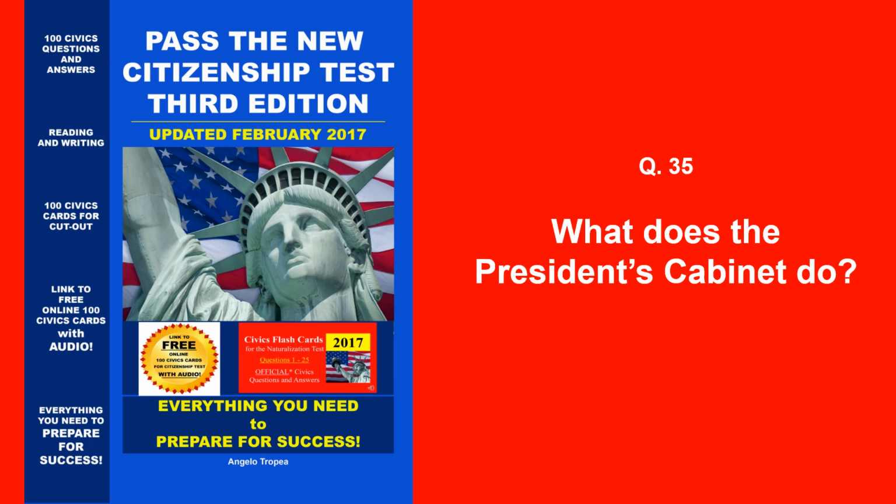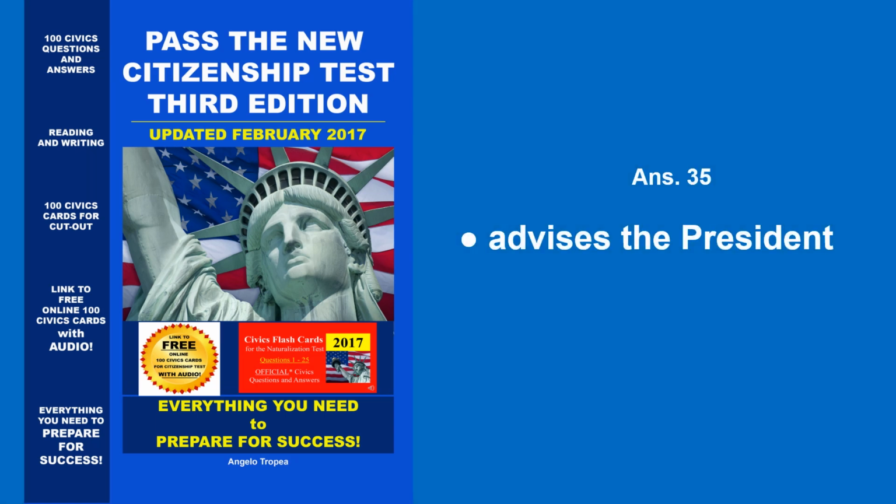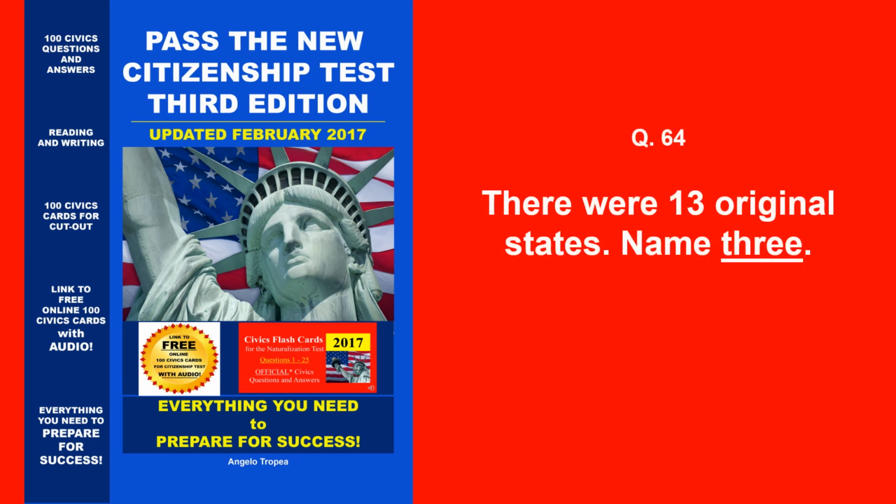What does the President's Cabinet do? Advises the President. There were 13 original states. Name 3.